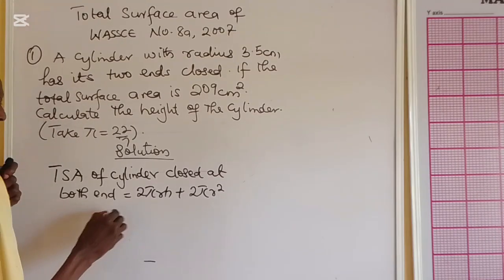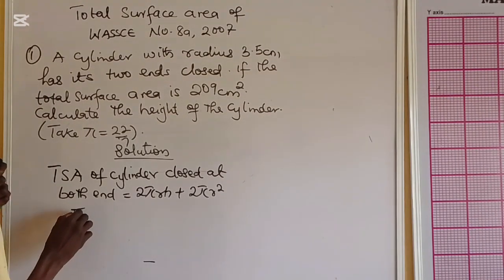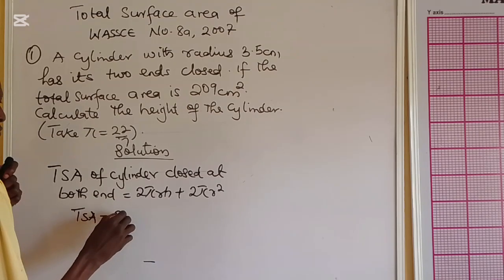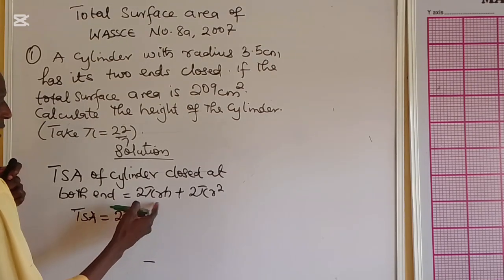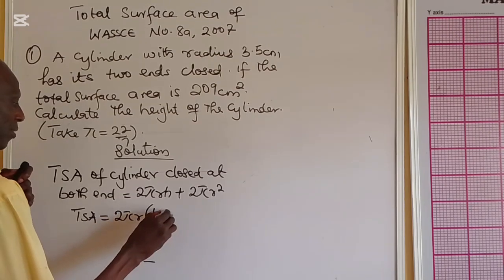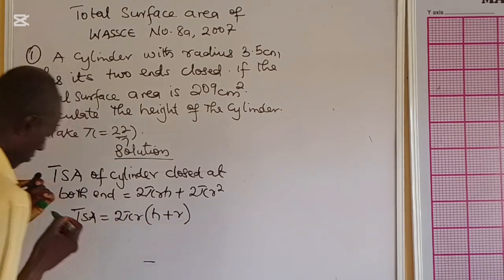When you factorize, the total surface area now will be 2 pi radius. I bring it out, it's common. Then the height plus radius is not common.